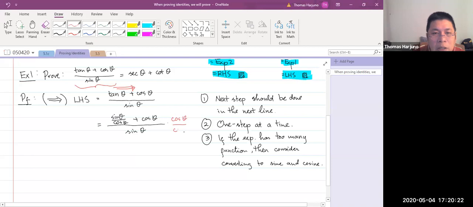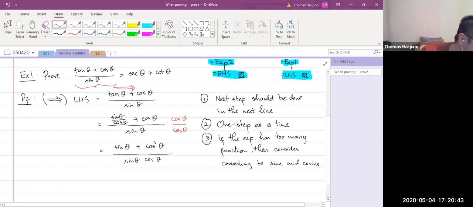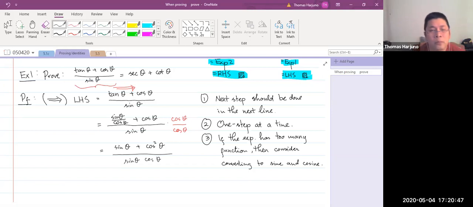That's the LCD, right? Then in the next step, that will look like sine theta plus cosine squared theta over sine theta cosine theta. Then from there I split it.